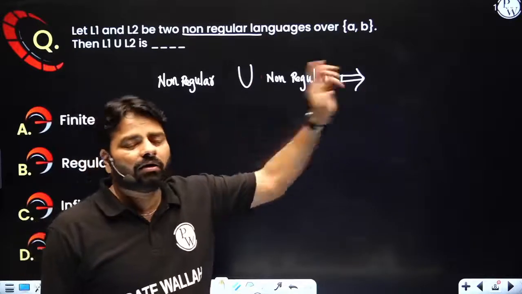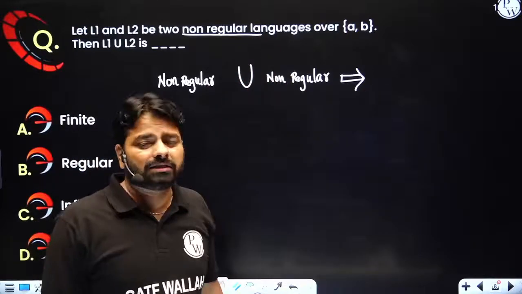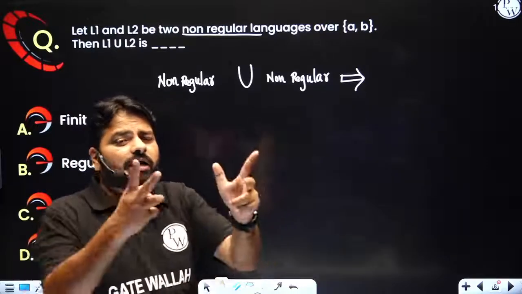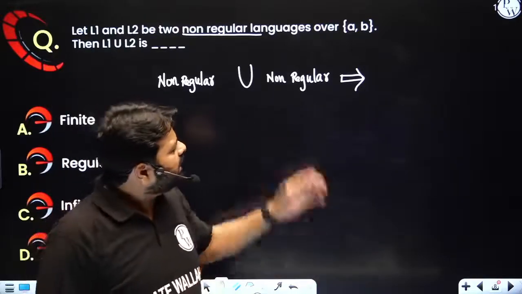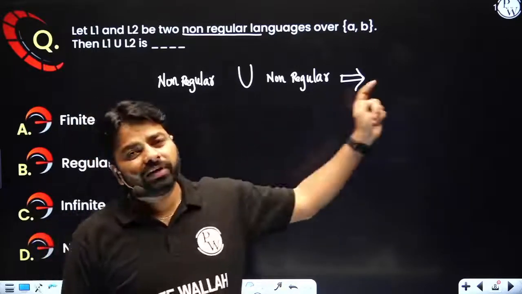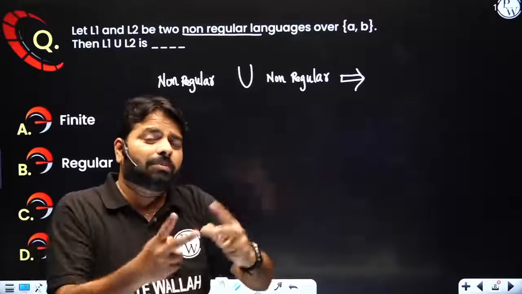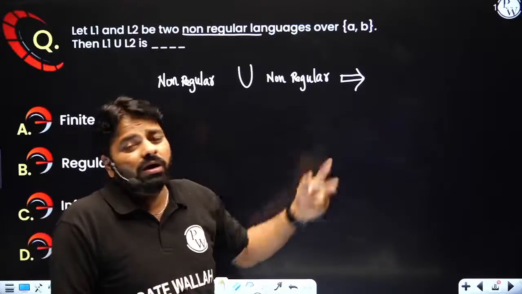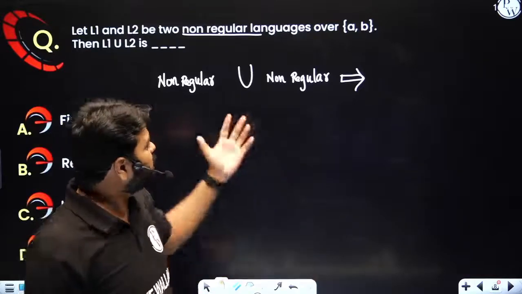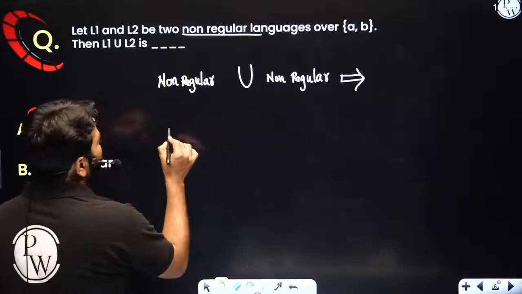Never say non-regular blindly without analysis. It could be regular or non-regular. You should think in two directions. Is there any example where you get regular? Is there any example where you get non-regular? If you get two examples with two different answers, then you have to say need not be regular. Let's look at it. I'll just take two examples.